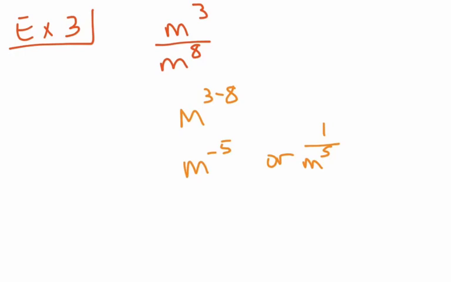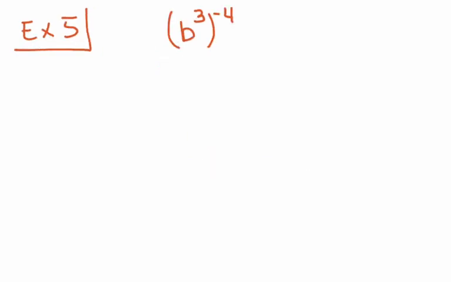Now let's also take a look at a couple where we are taking the power of a power. So for this next example, we have b cubed to the negative fourth power. We should remember that whenever we take a power of a power, we need to multiply the exponents together.